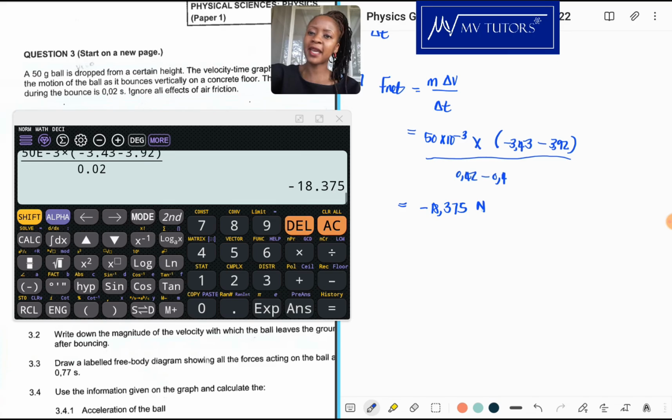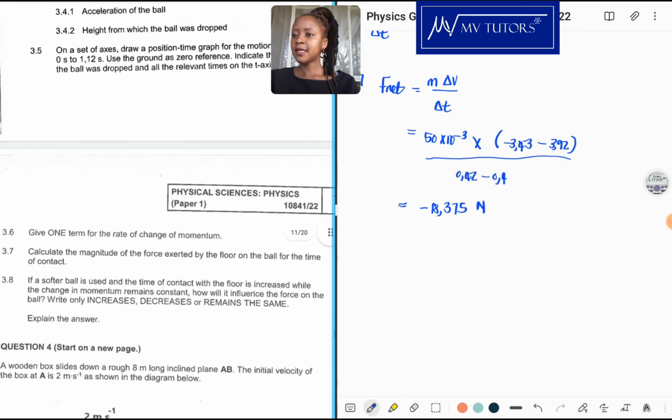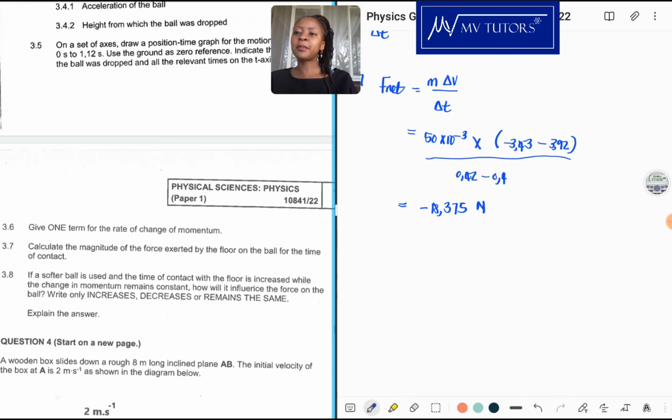Are we okay with the negative? Let's just look. It says magnitude of the force exerted by the floor on the ball. Because you have the ball and you have the floor, so you have the ball exerting a force on the ground and the floor exerting a force on the ball.